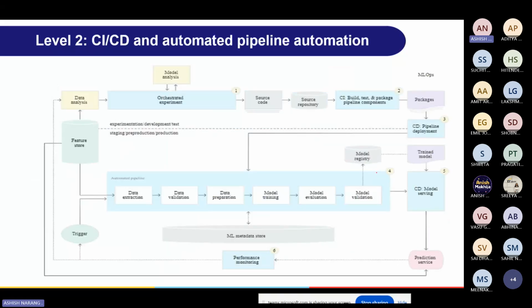But here you see continuous integration: build, test, package, pipeline components. Orchestration, experimentation. So this is some automation within the experimentation also. Orchestration means repeating the same steps time and again.